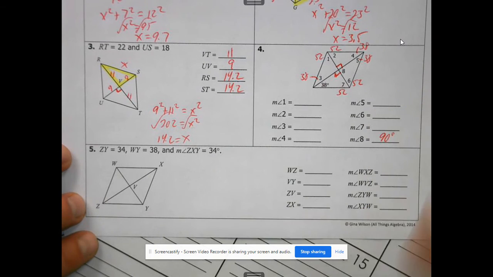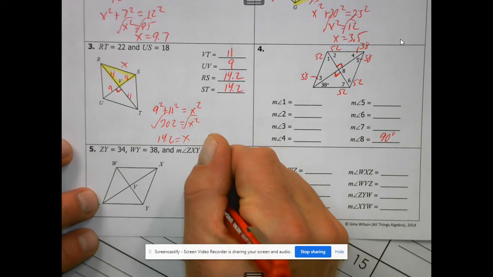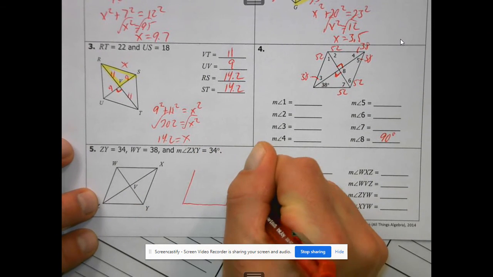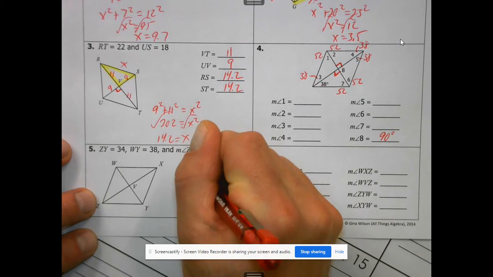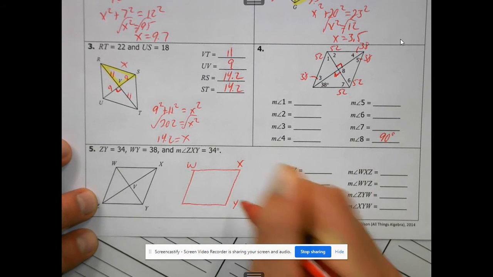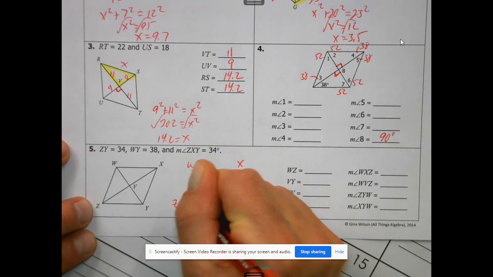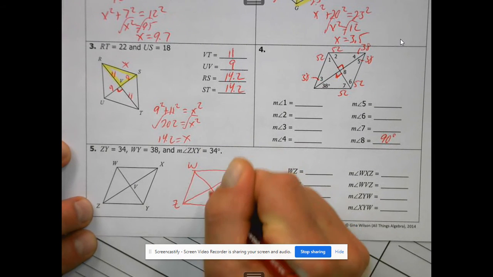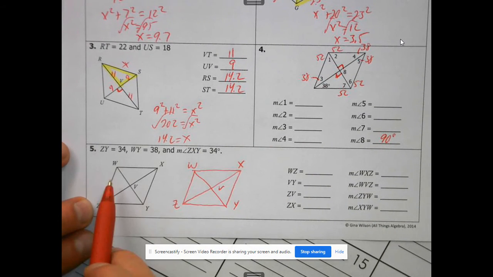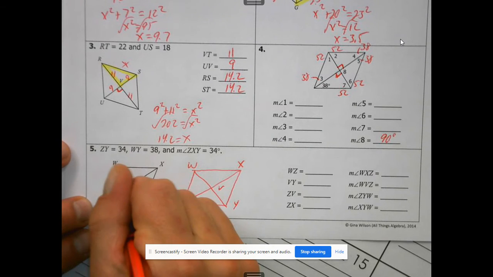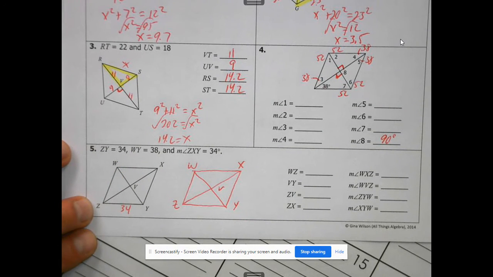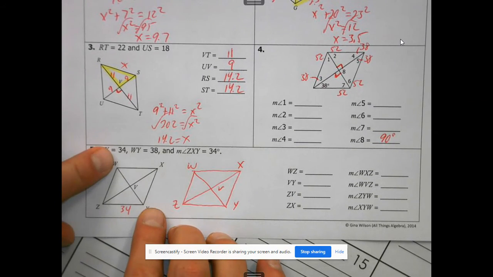Number 5. I'm going to draw another one of these for the angles so we don't get confused. So we'll do one for sides and then one for the angles. All right, sides. Z to Y, 34. W to Y, this whole diagonal is 38.